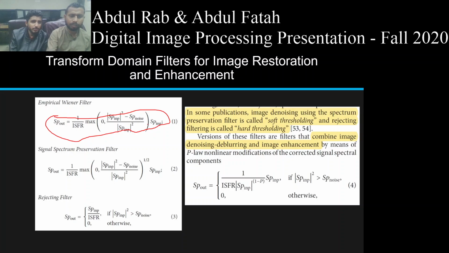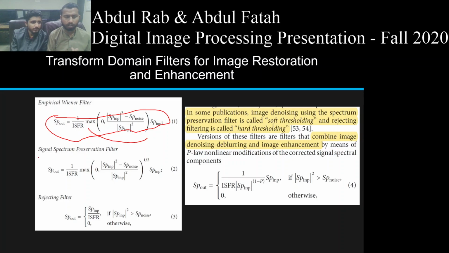There is a maximum function, so we will never get a negative, because it is the maximum of 0 and this number, SPN square minus SP noise, or SPN square. Suppose the result is -1, the maximum function will always maximize the result, meaning the minimum threshold will be 0.